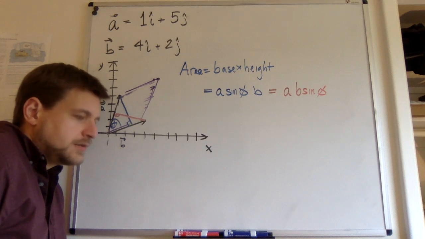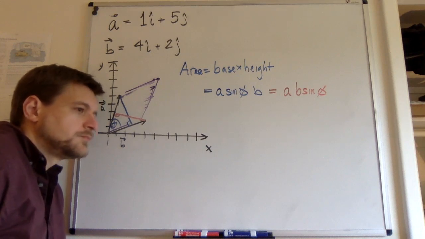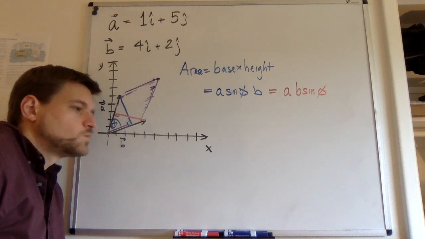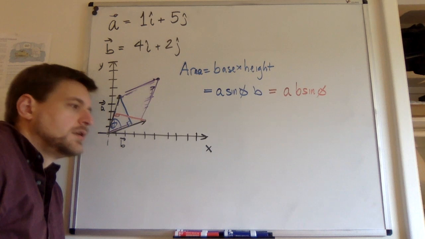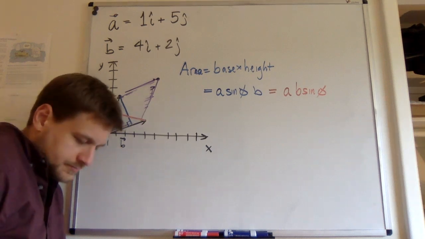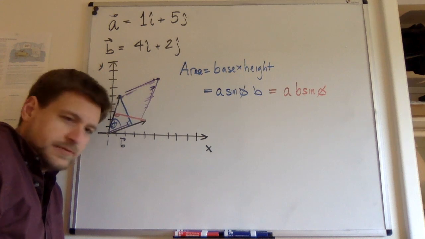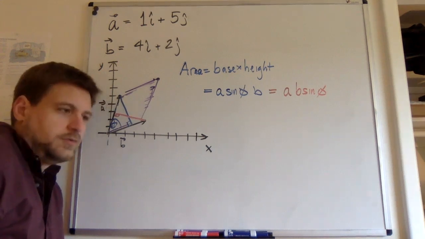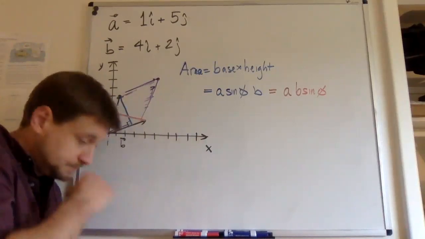How do we get the result to be a vector? The convention is to leverage what we know about right-handed coordinate systems.